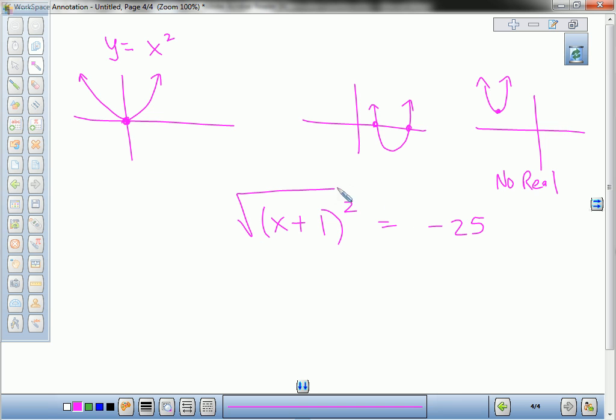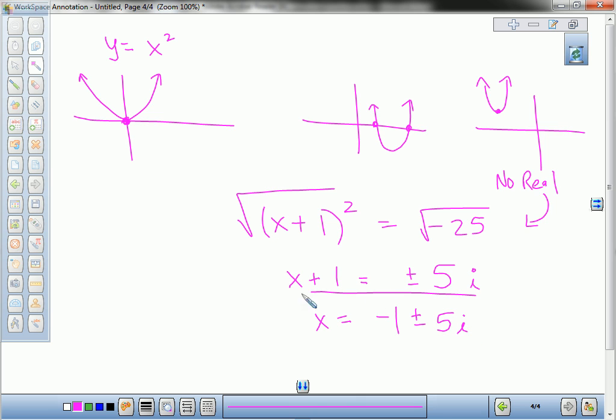Because when we take the square root of a negative, what kind of number do we get? I. We get an imaginary. So we do get solutions, but they are not real solutions. They're imaginary. They're still answers. They're just not real. So when you get to your class, you're going to have some that are imaginary.